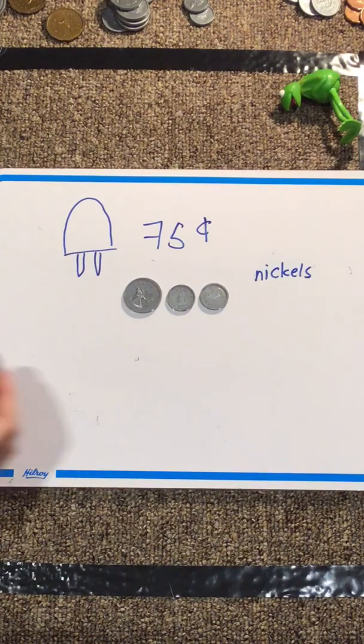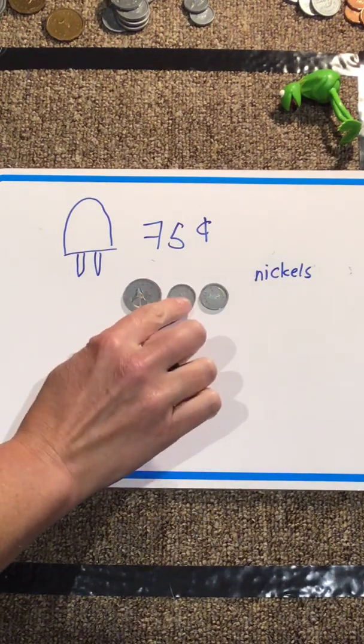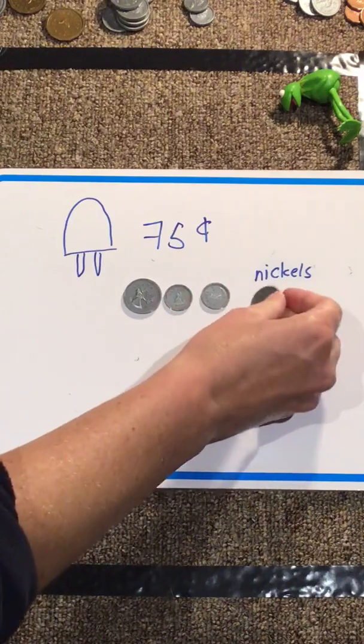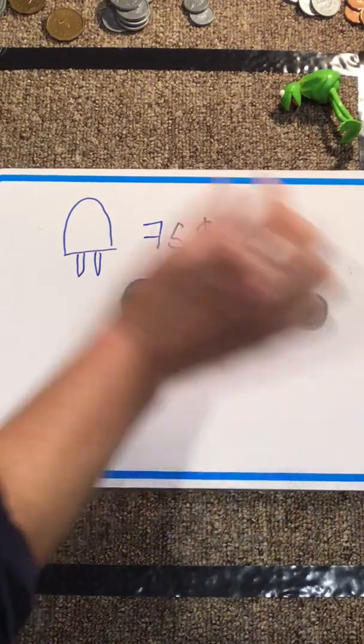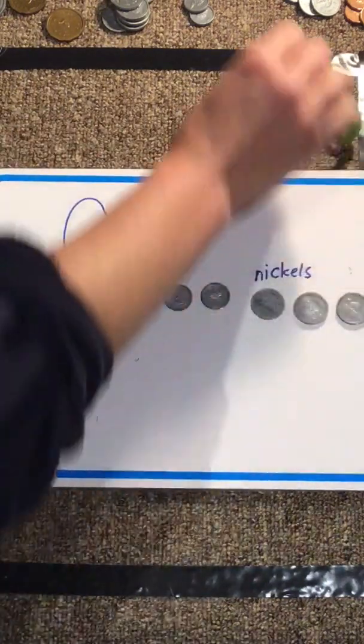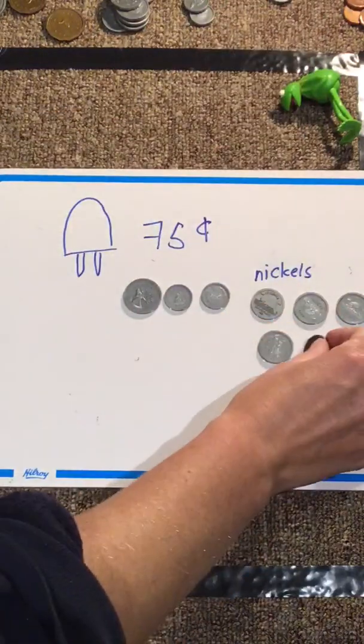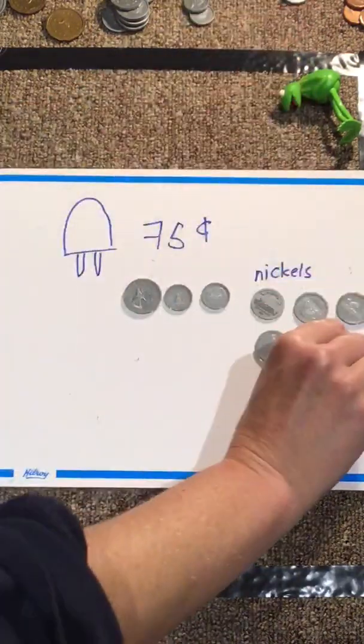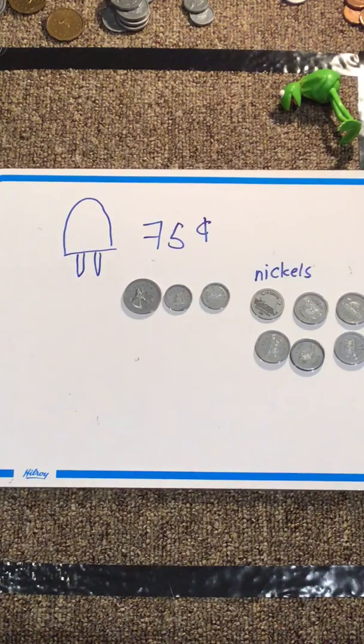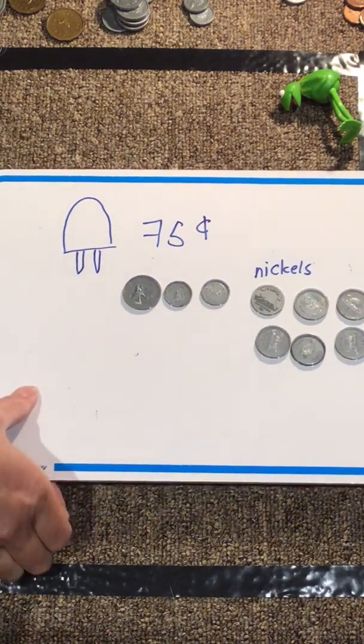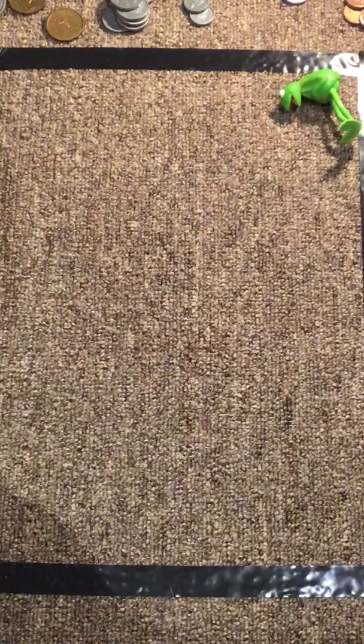Okay, so we're at 25, 35, 45, 50, 55, 60, 65, 70, 75. So we would need 6 nickels to get enough to be able to buy our popsicle. So again, be really careful reading the question so you're answering what they're actually asking.